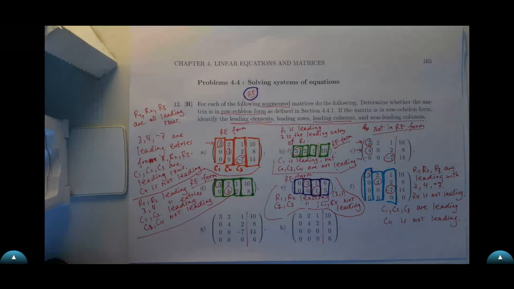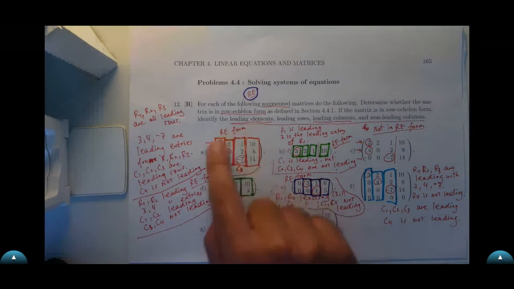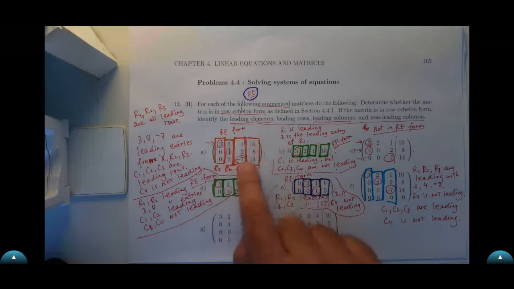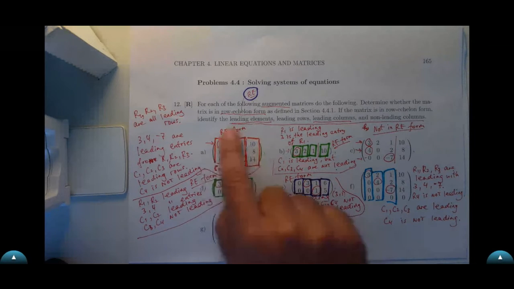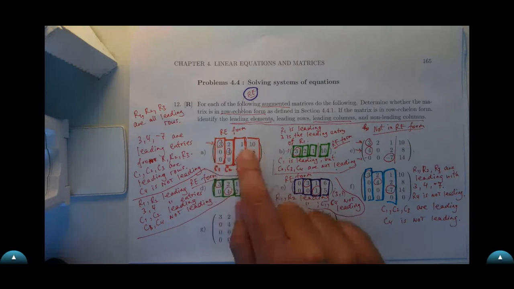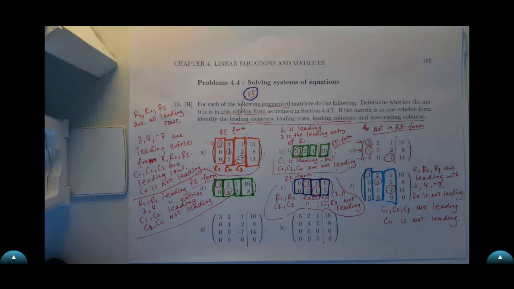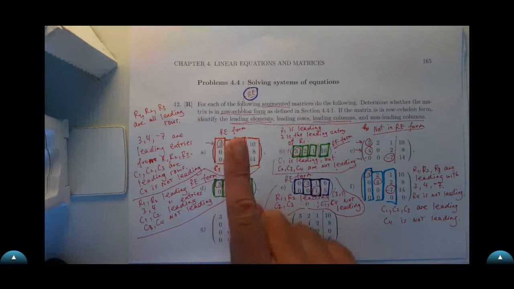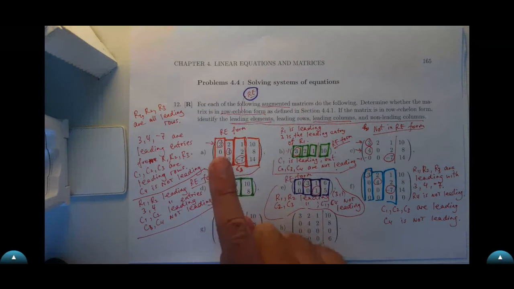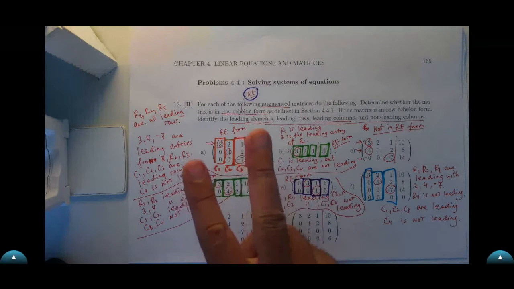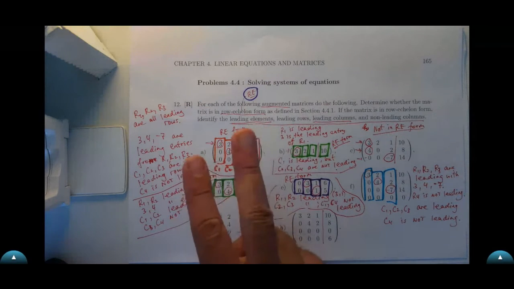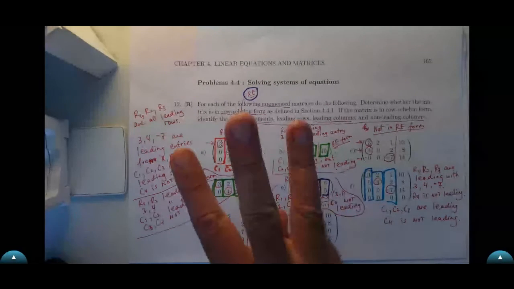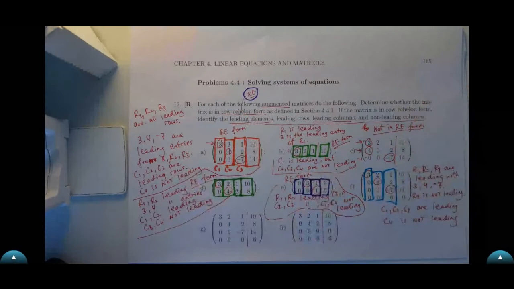What can I deduce about the linear system from this row echelon form? There are three situations. Situation one, there's a unique solution. Situation two, there are an infinite number of solutions. Situation three, there's no solution.